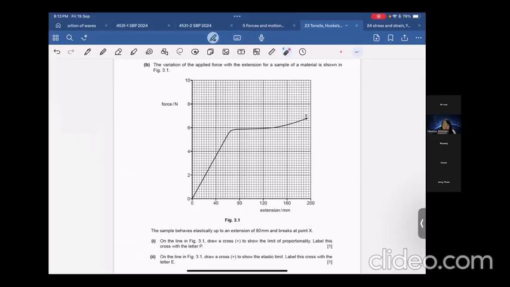At what point is your limit of proportionality? Can you find the point and label it with the letter P? Then type in the chat box what position it is at, the coordinate.